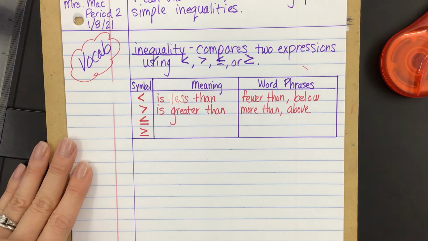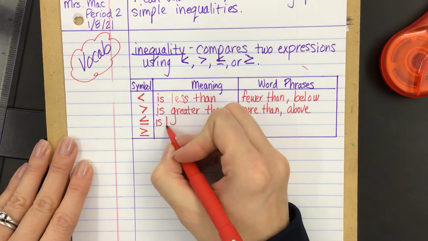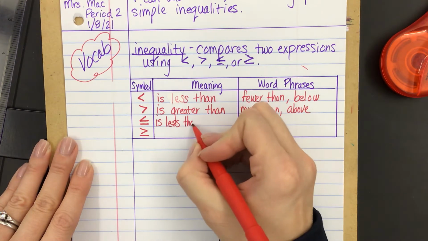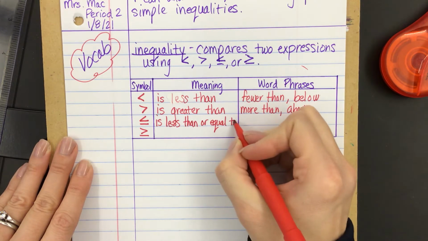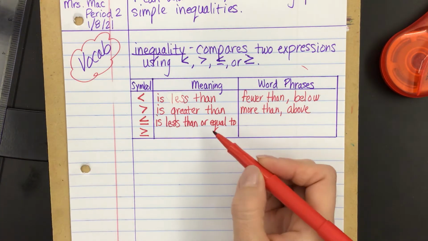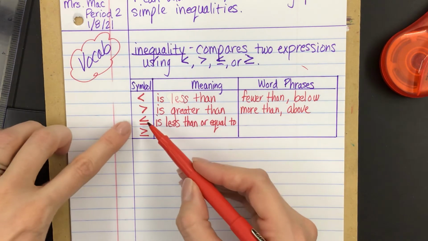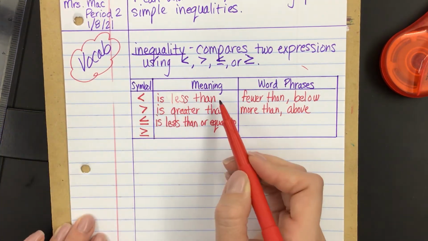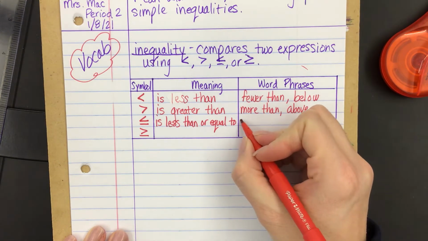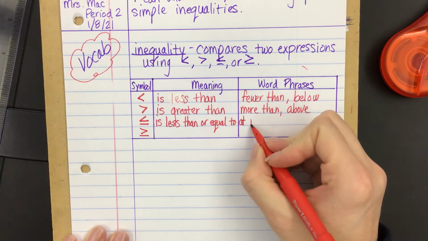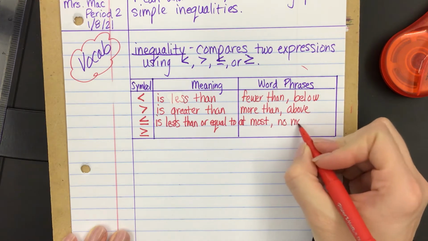The next symbol is read like this. We would say is less than or equal to. Okay. So it could be both. It could be less than, or it can also be equal to. So there's a distinction between this symbol and this symbol, because this one cannot be equal to. Some common phrases that you might see are at most or no more than.